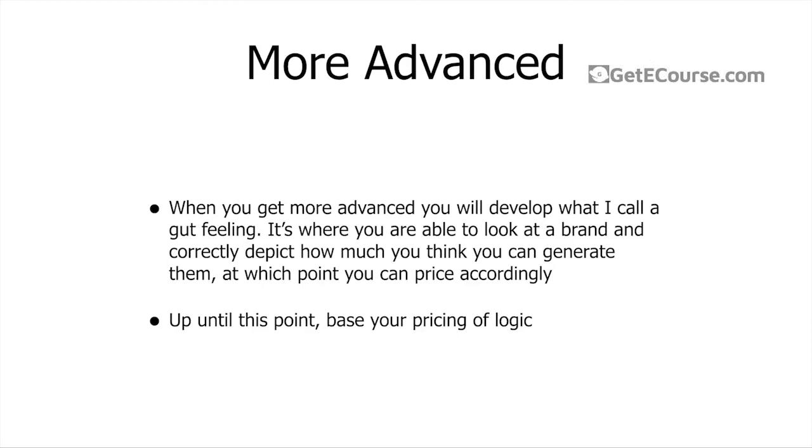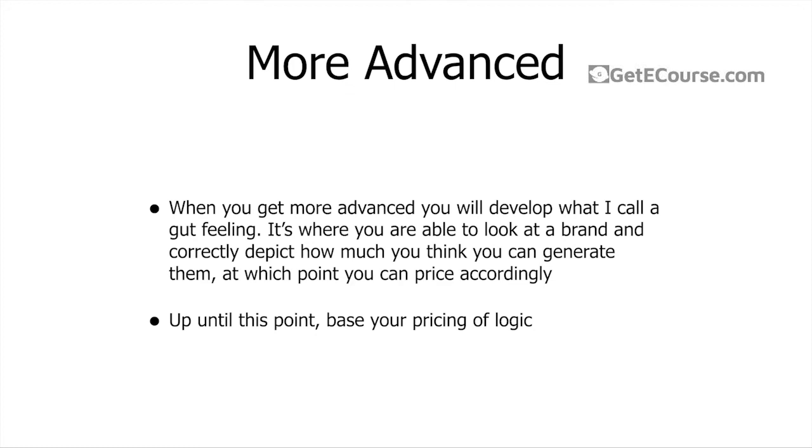So again, for more advanced, this is where I'm at currently. A client is not on board just yet, they are on the sales call with you, and I've already done my research on the brand. So I've got an eye now. I can really see and essentially depict how much I genuinely think I can generate the brand.